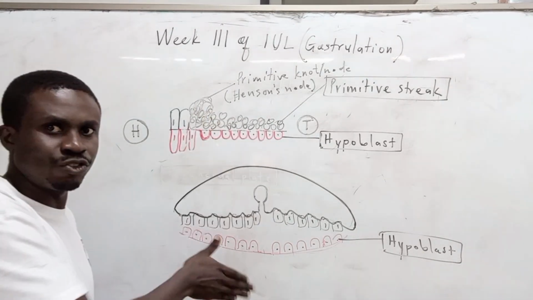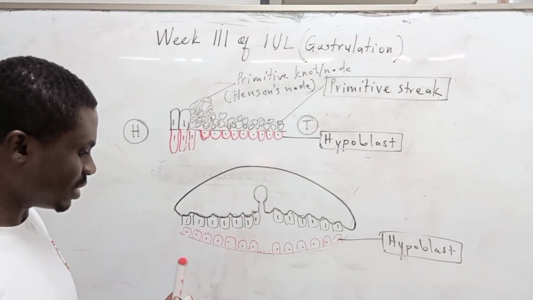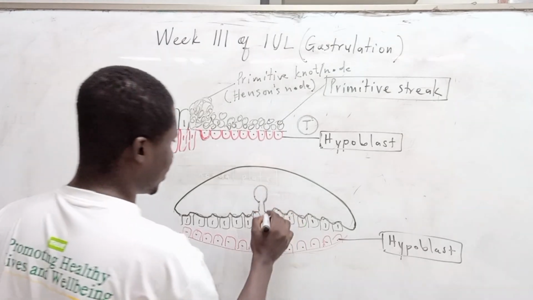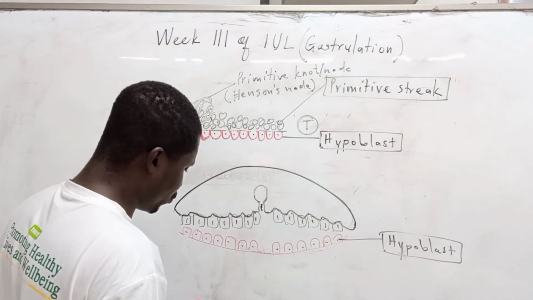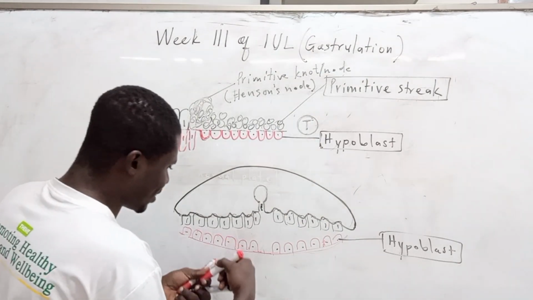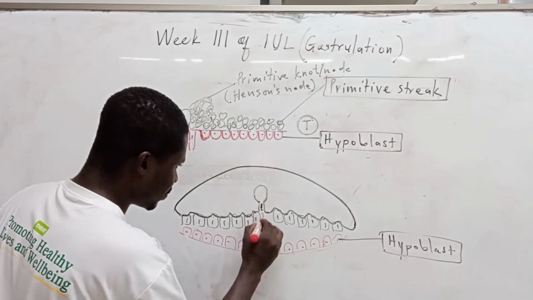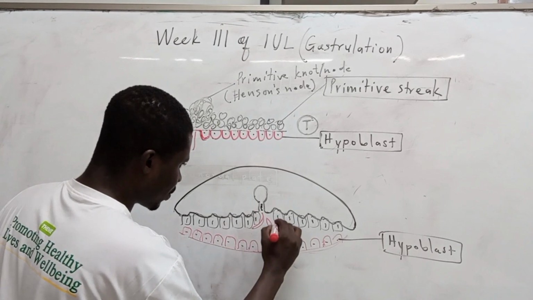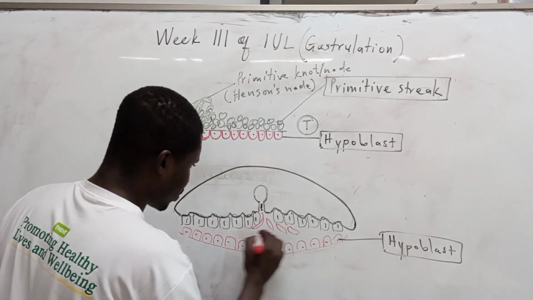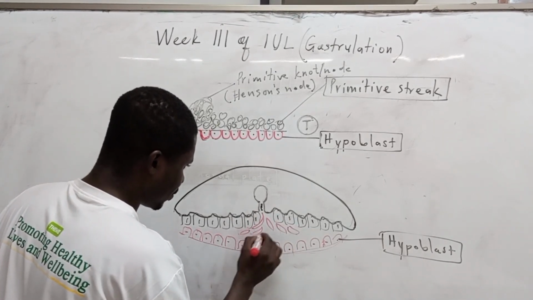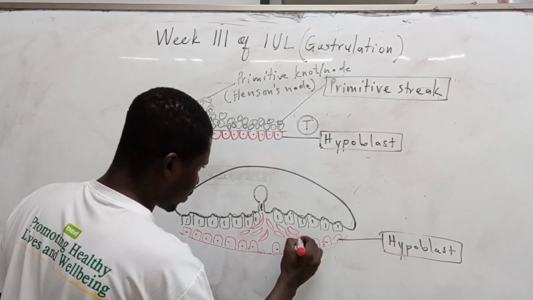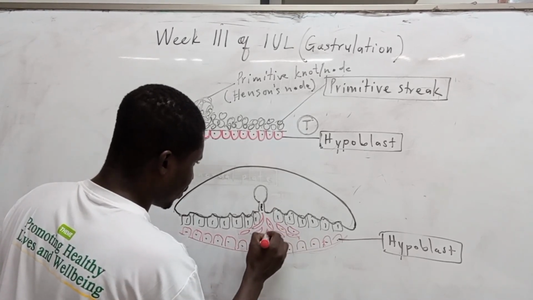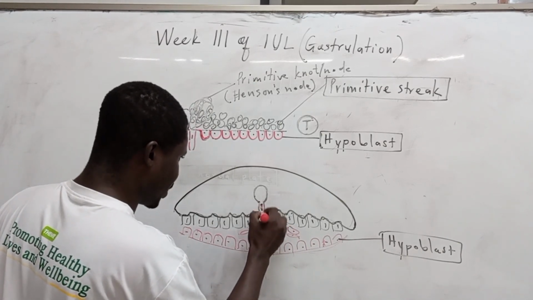So we've taken a section through it. Now this time around, what we see over here is that we are seeing the primitive streak. So that the streak, from the streak, we see some cells coming out. They are coming from this streak.